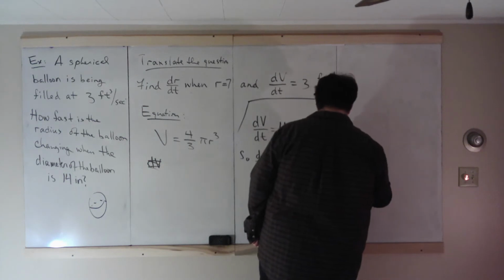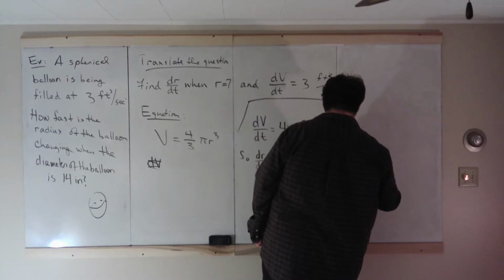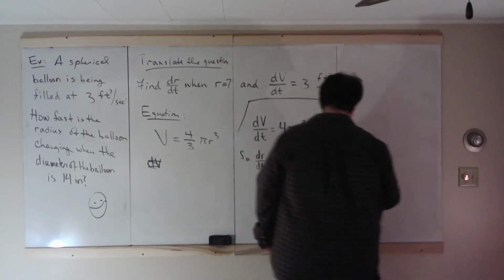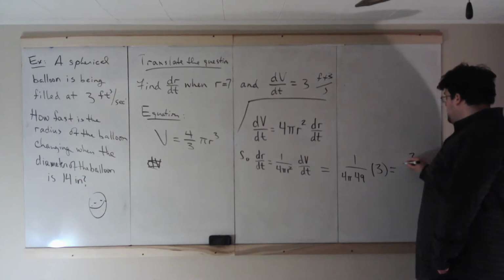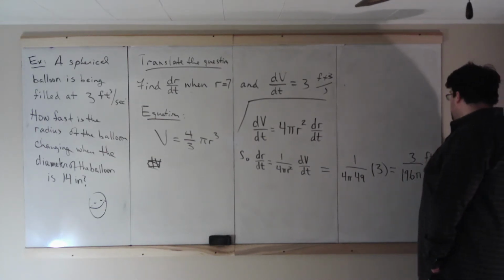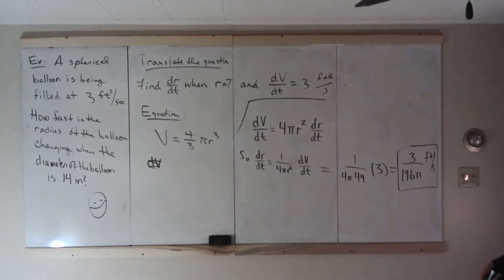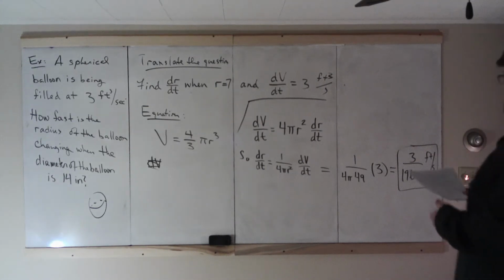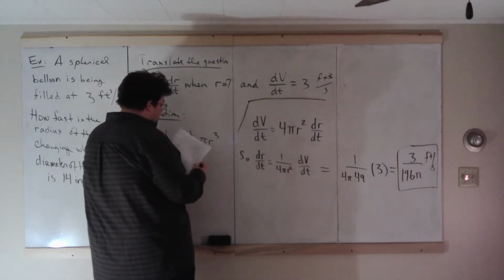We get 1 over 4 pi times 49 times 3, which is 1 over 196 pi. And our units are feet per second, because it's asking about the radius, which is in feet, but it's a rate, so it's feet per second. So you could be asked one with shapes like that. Let's look at a couple more.